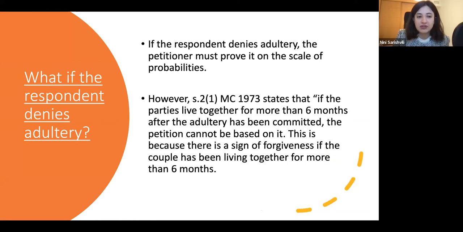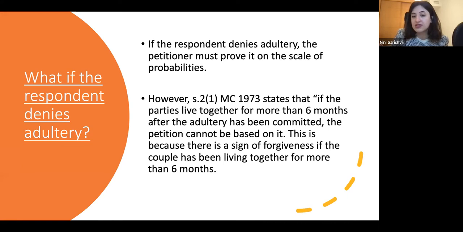What if the respondent denies adultery? That can happen. If the respondent denies adultery, it will be up to the petitioner to prove, on the balance of probabilities, by providing evidence that the husband or the wife has been with another person. However, Section 2(1) states that if the parties live together for more than 6 months after the adultery has been committed, the petition cannot be based on it.